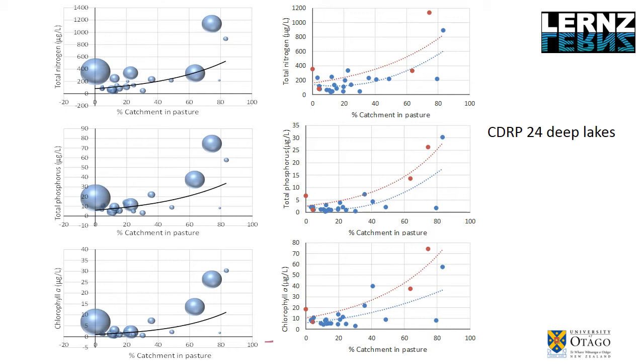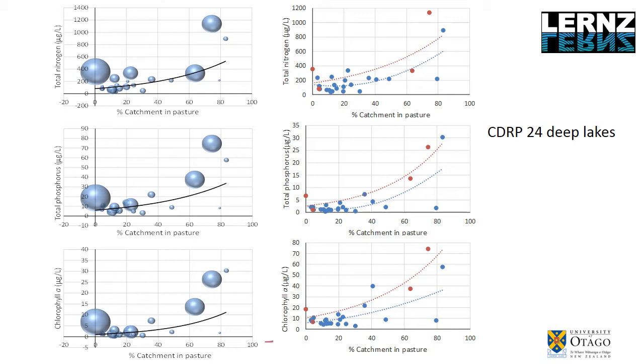And so we do have a positive relationship, as we would expect, between these indicators of trophic status and percent catchment in pasture. But now these bubbles here are scaled to the prevalence of non-native species in these lakes.